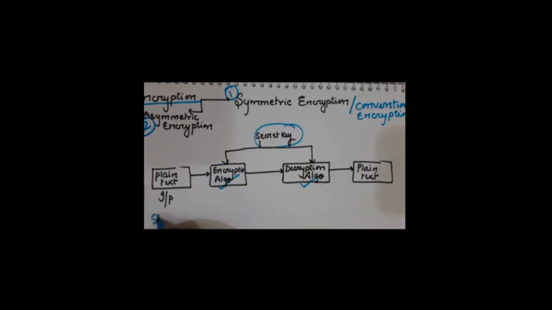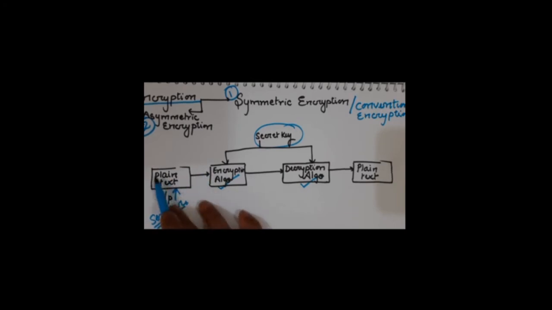The sender will first form plain text. He would definitely not want this plain text to travel as it is on the network. He would want this plain text to be converted into a form that nobody sees. So what will be done? Now encryption will come into the picture.